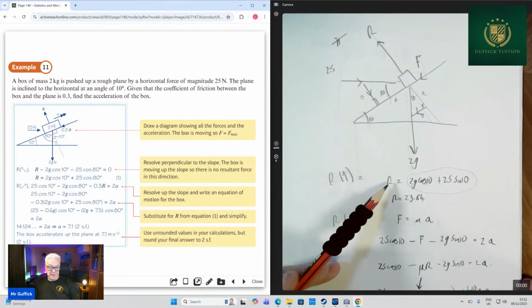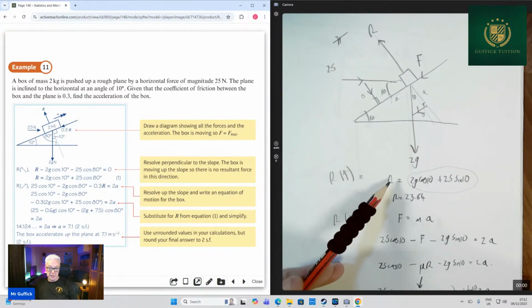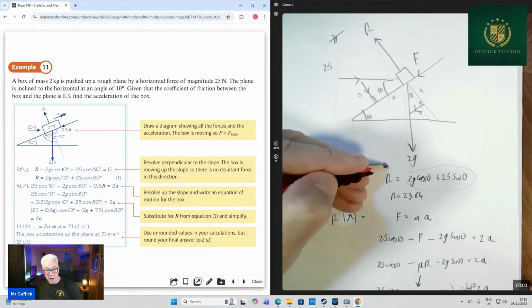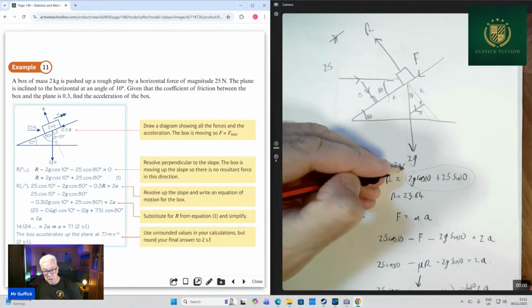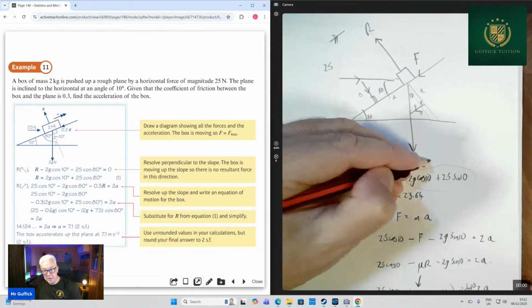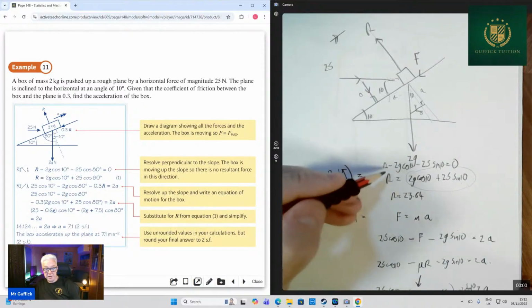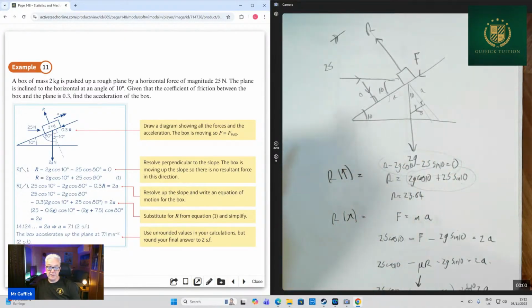So when I resolved perpendicular to the plane, I just wrote that equals that. Now, what I could have written is r minus 2g cos 10 minus 25 sine 10 equals 0. So you set it equal to 0 when it's in equilibrium, when it's not moving.